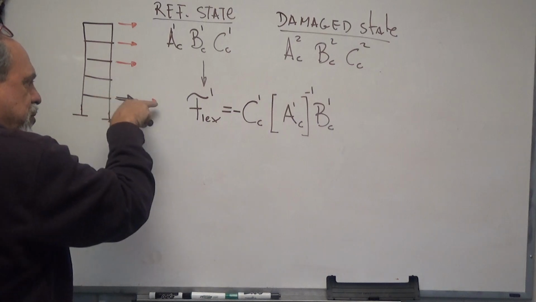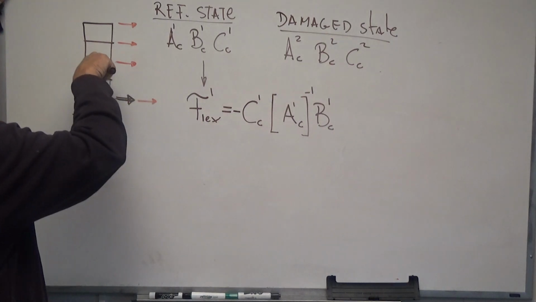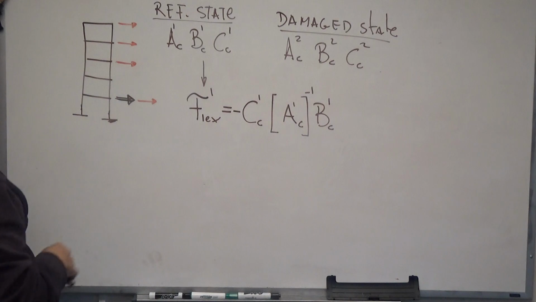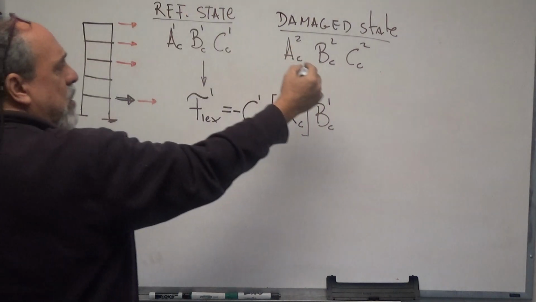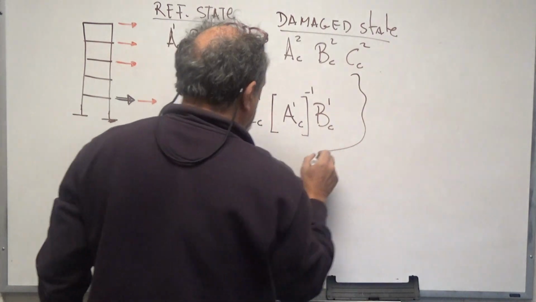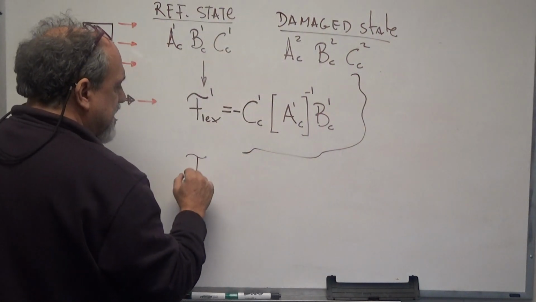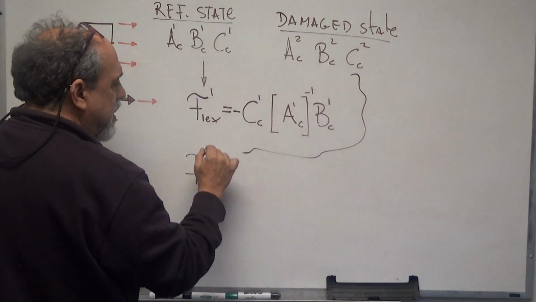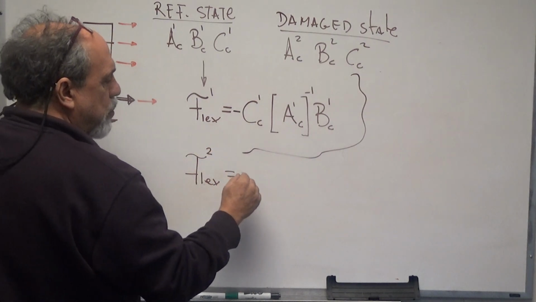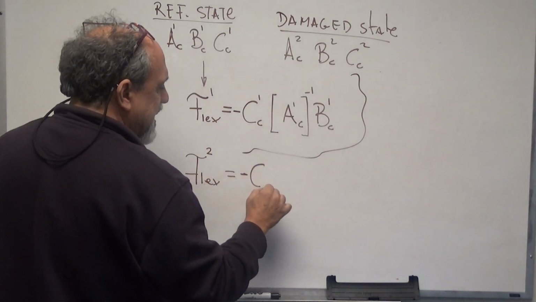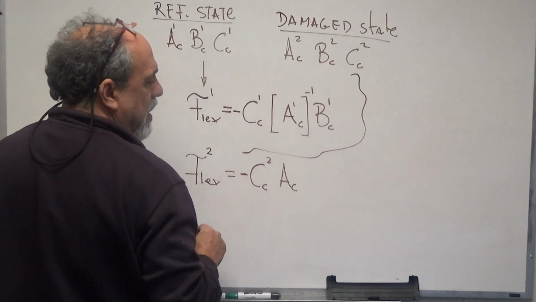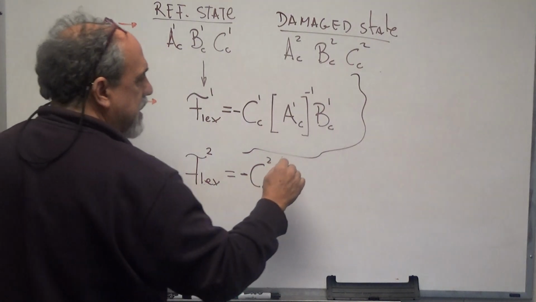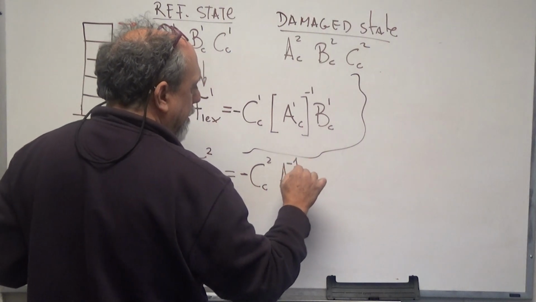F2 1 is the deformation at 1 due to a unit load at 1, F2 1, and so on, right? So now, if you do this procedure over here, you will get the flexibility matrix after the damage, F2, which will prove to be minus C_C in state 2 times the continuous time transition matrix to the minus 1.